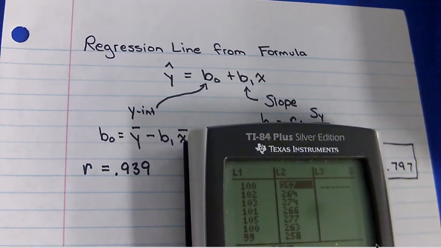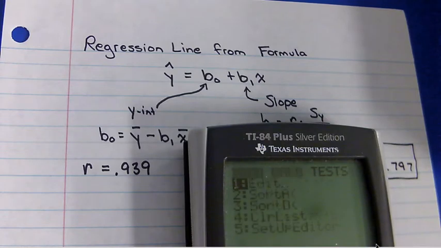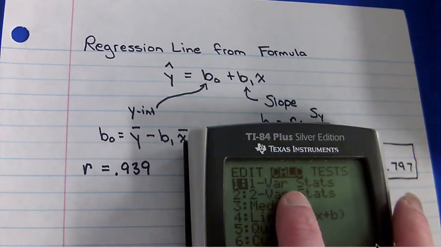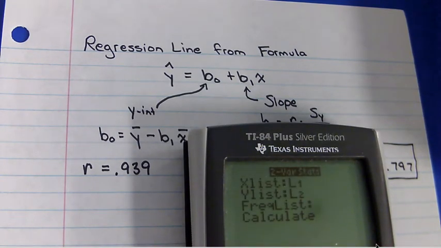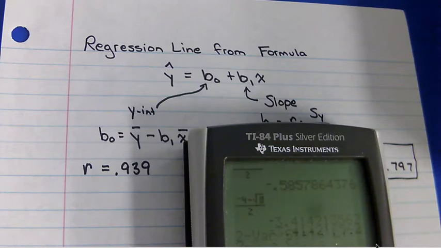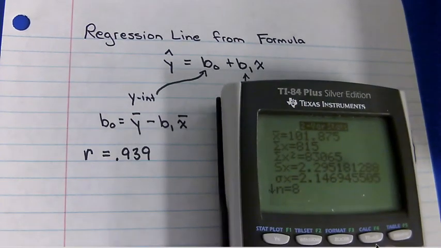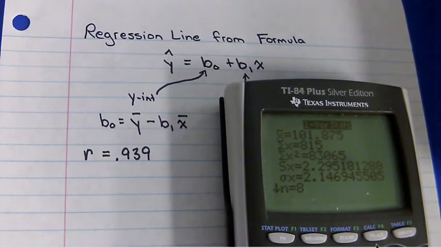So I still have all the data in L1 and L2 from this problem. Now remember, we could go to one variable stats to find the average and standard deviation when we had one variable. Well, we have two. So we're going to go to two variable. And it asks us, do we have our x's in L1 and our y's in L2? We do. So I'm going to press calculate. And it gives me all kinds of good stuff.